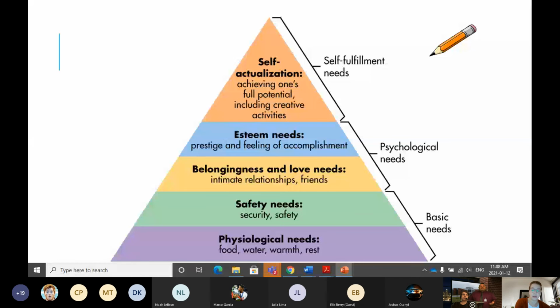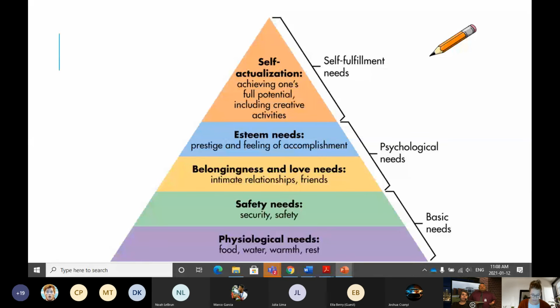Our afternoon meeting may or may not run a little bit longer than planned, which is what it is. That being said, make sure you have this pyramid, Maslow's hierarchy of needs, written out in your notes. That way you know it. And then we'll pause here.